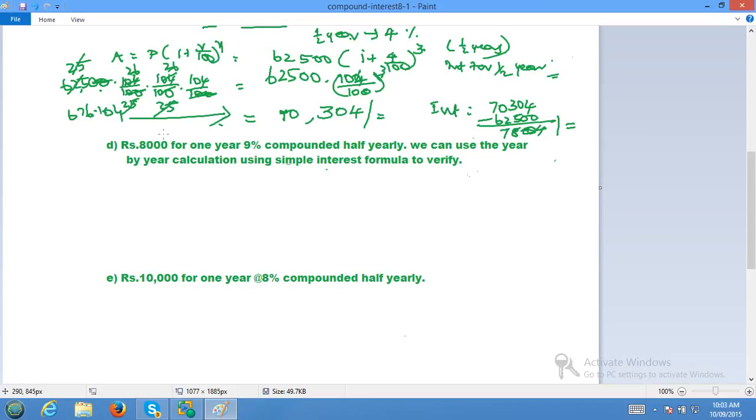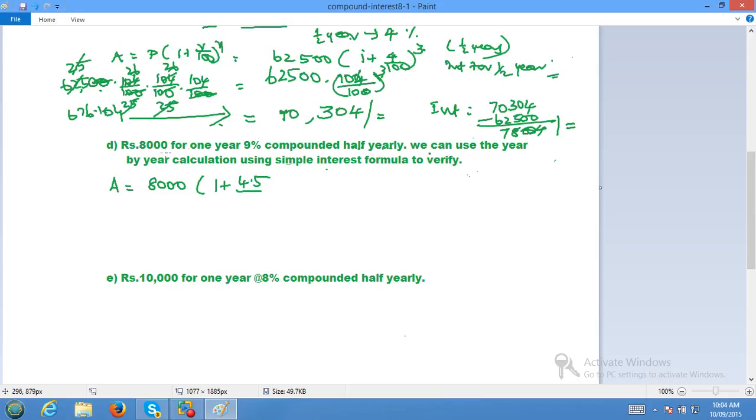So next problem: 8,000 for 1 year, 9% compounded half yearly. Note it is half yearly, which means 6 months. We can also do year by year calculation using the simple interest formula to verify. A equals 8,000 multiplied by 1 plus the rate, and half yearly means it is 4.5%.